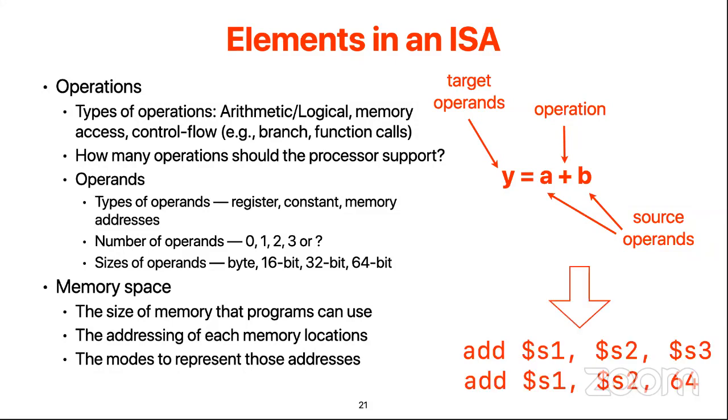And to express this one, you can create an add instruction with 3 registers or 2 registers, depending on what your instruction architecture wants. And it's up to the programmer or the compiler to assemble your program into a combination of those instructions. So that's the basic idea of instruction set architecture.